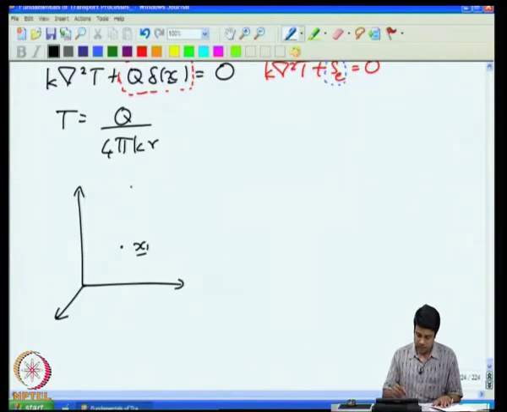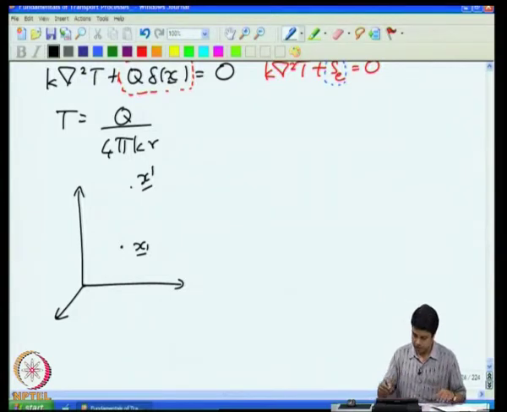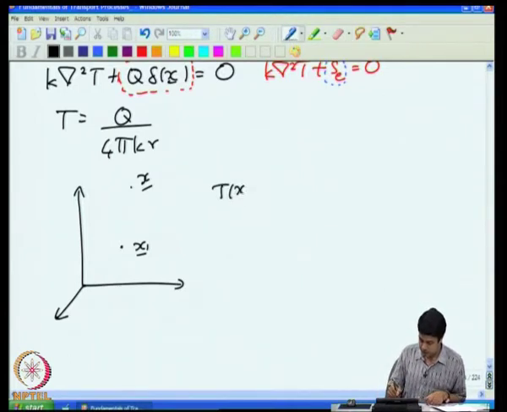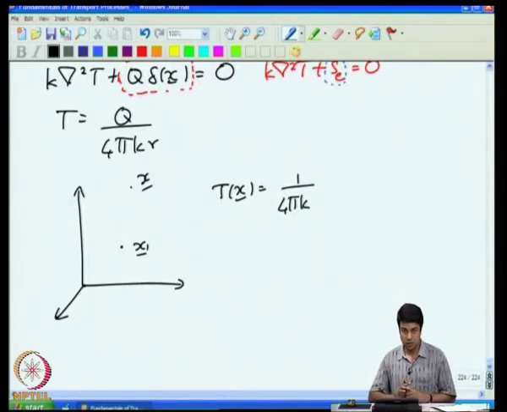And if I am observing it from some position x, where I am measuring temperature, and there is a source of strength q1 at x1, that means the temperature field at the location x is equal to q1 by 4 pi k into r.